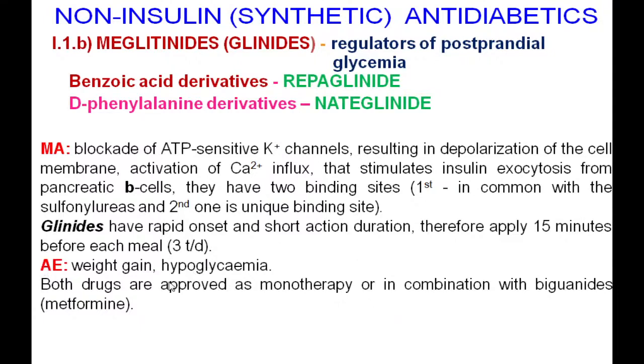Adverse effects: weight gain, hypoglycemia. Both these drugs are approved as monotherapy or in combination with biguanides. For example, metformin.